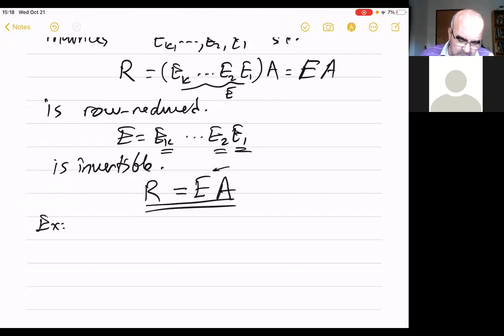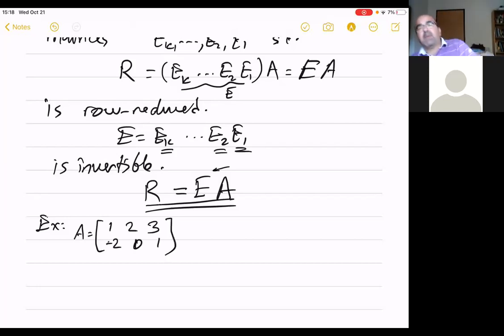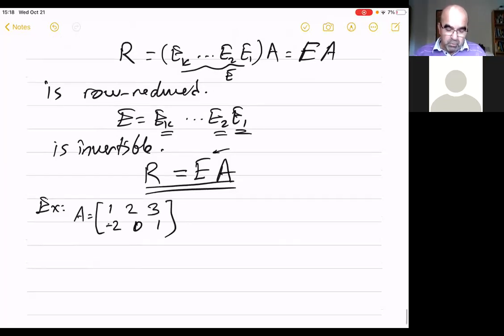On an example, let's take A to be 1, 2, 3 and -2, 0, 1. So, an arbitrary matrix. Then what do we do?